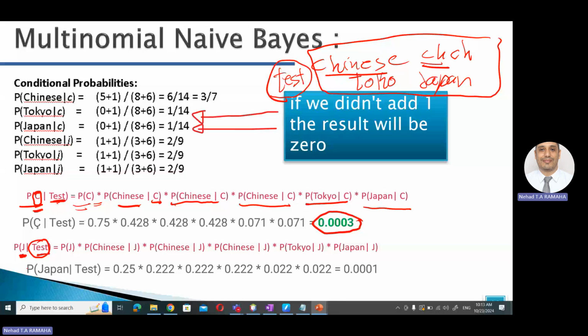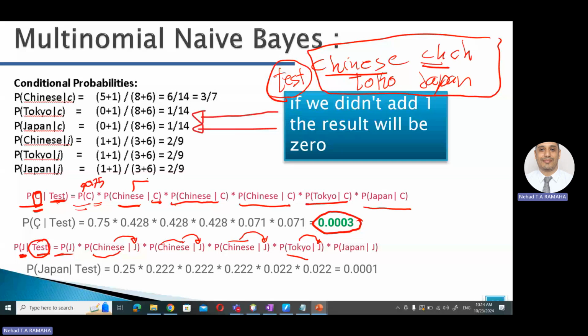So same issue, probability of Japan multiplied by the word China with category G. The word China, why 3 times? Because the test data have 3 times China, multiplied by Japan and so on. Okay, this one, we already calculated it, 0.075.